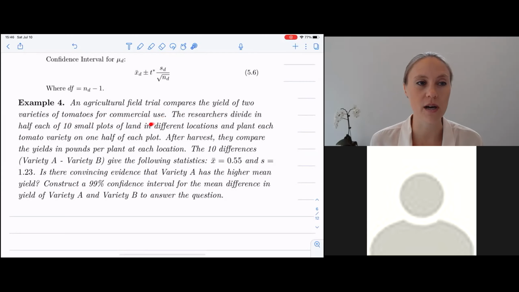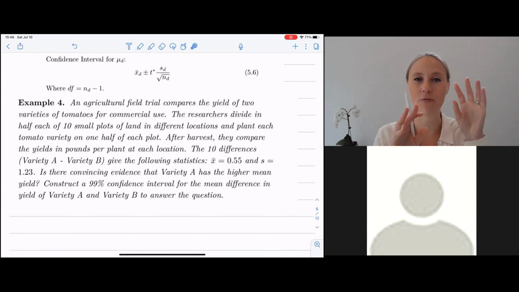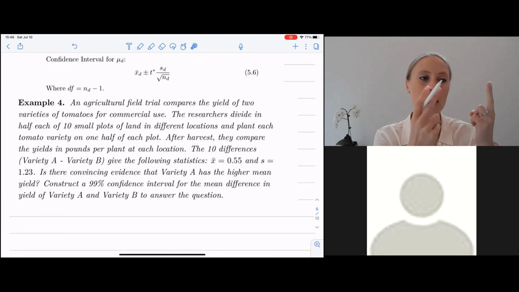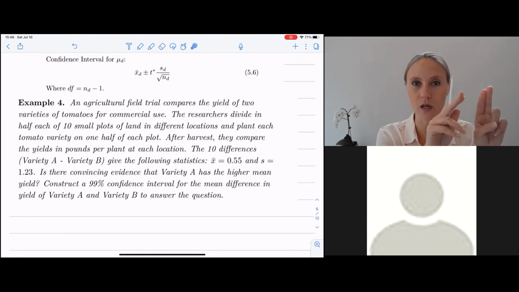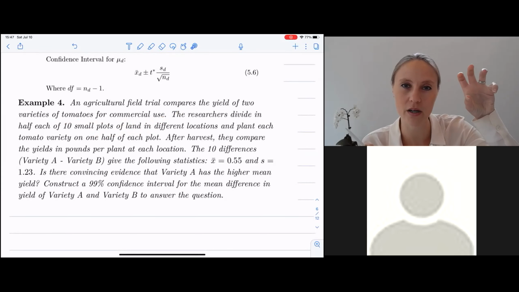The researchers divide in half each of 10 small plots of land in different locations and plant each tomato variety on one half of each plot. So they've got 10 plots, and they divide them in half and put each variety, variety A and variety B, on each plot. So each plot has a pair of observations, right?